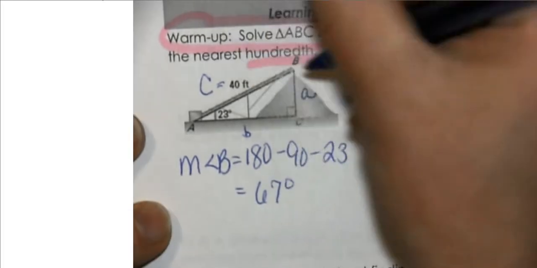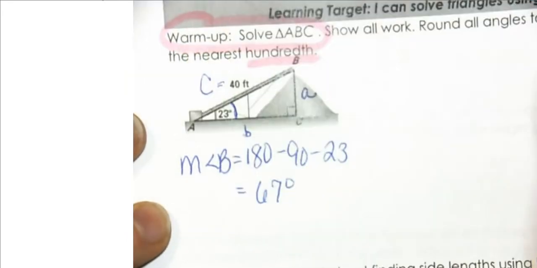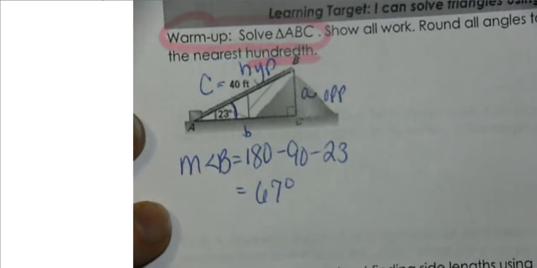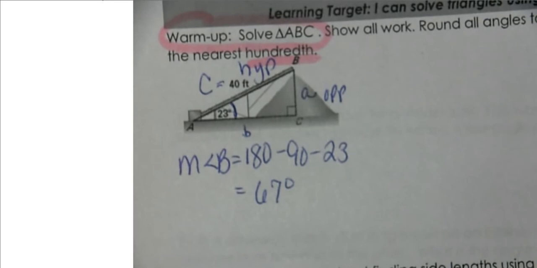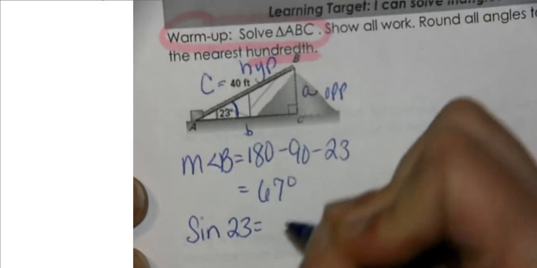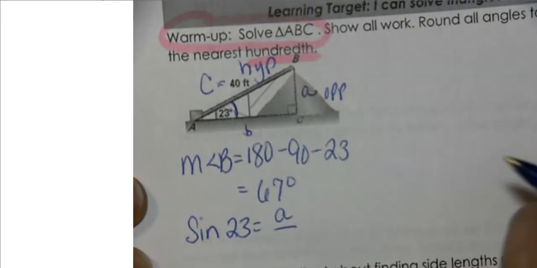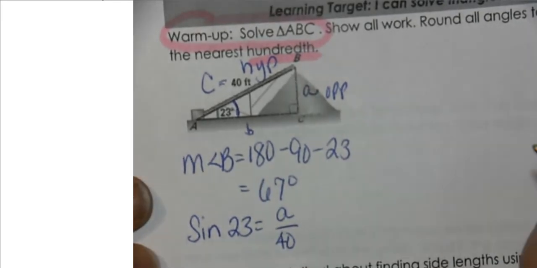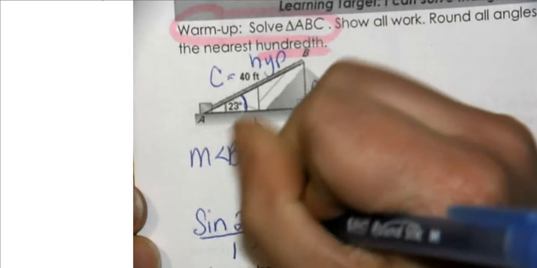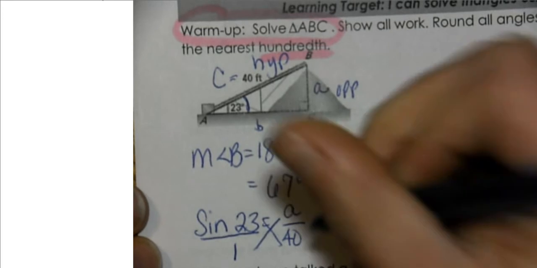So in this problem, based on 23 degrees, which is the angle that's given to me, a is the opposite, and I know the hypotenuse. Of our trigonometric ratios of sine, cosine, and tangent, the one that uses opposite and hypotenuse is sine. So I'm going to write that the sine of 23 is equal to the opposite, which is a, divided by the hypotenuse, which is 40. Remember that sine of 23 is actually a fraction over 1, and we use cross product in order to solve for a.